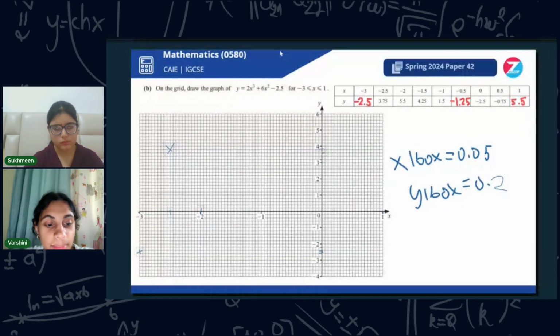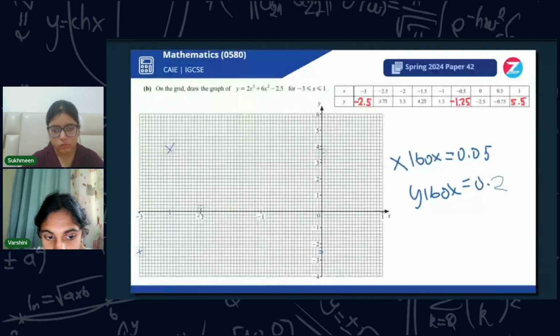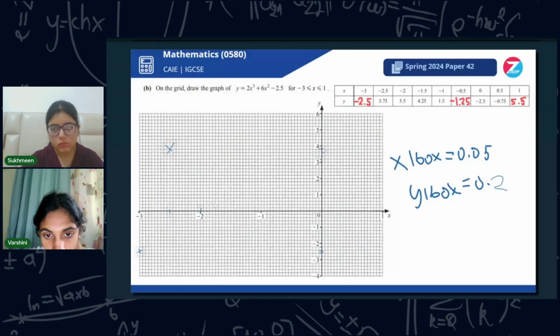Okay. So for the next point, which is at minus 2, which we already have over here, it's at 5.5 on the y-axis. So 5 is over here, 5.2 will be here, 5.4, and so we know it's right in between 5.4 and 5.6, so that will be right here.